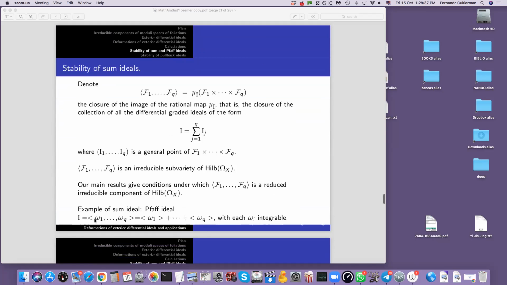When I have an ideal which is given by Q one-forms, it is of course the sum of the ideals given by each of them.